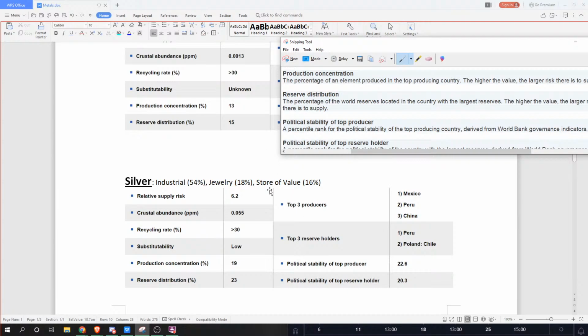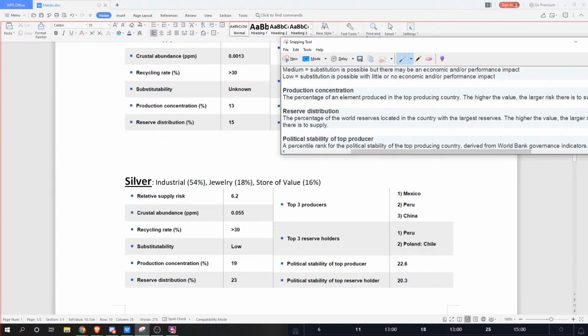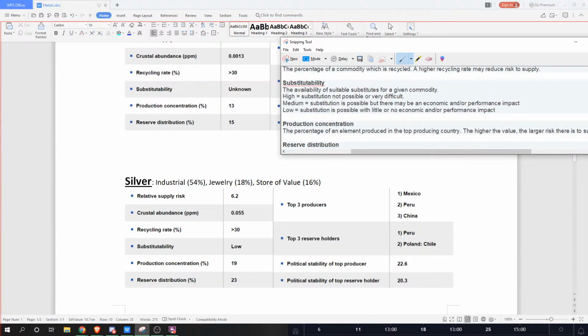The ability to substitute one metal for another in terms of silver is low, meaning that you are able to substitute another metal for silver with no real economic or performance impact. What you're looking for in an asset that you're looking to invest long in, in my opinion, is the ability to not really replicate or replace a certain asset. For example, when we look into the later metals, we'll talk about that.